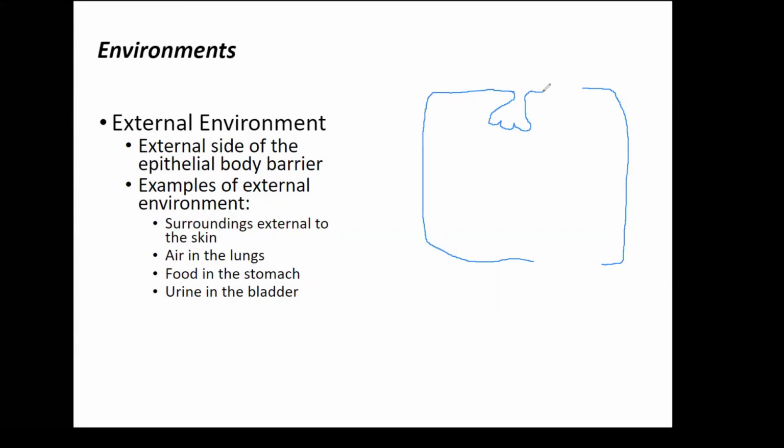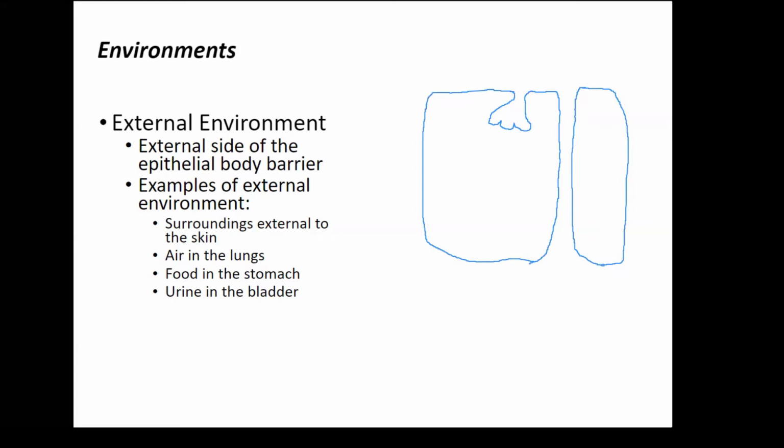Same thing with your gut tube, actually. The things that you swallow haven't really reached equilibrium with anything in the body yet. So that's still an external environment, the food traveling through your gut tube. We also have an epithelial layer bounding the gut lumen, separating that from the rest of the body. So that's important to note. We'll get to the GI tract in A&P2 and discuss how we get those components into the other compartments.